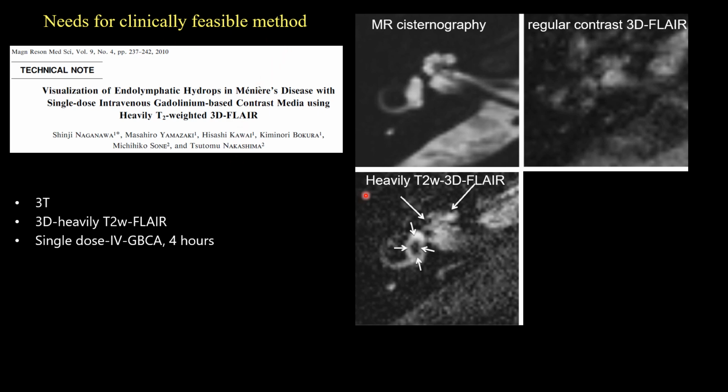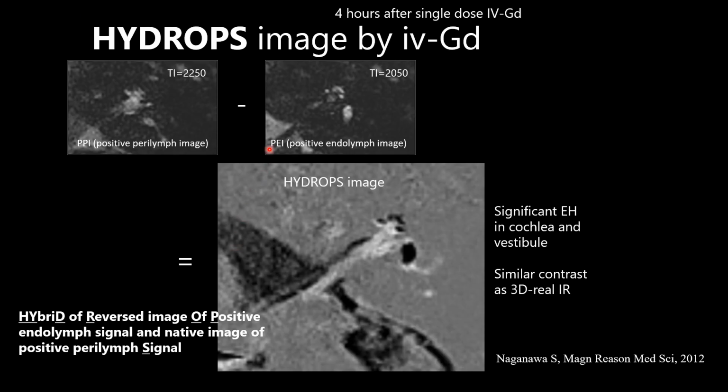So we changed the pulse sequence to the heavily T2-weighted 3D FLAIR, so we could succeed to visualize the endolymphatic hydrops in patient using the single-dose IV GBCA, and waiting time was 4 hours. And we modified the method, and now we can make this kind of very clear picture like 3D FLAIR, 3D real IR, using the single dose IV GBCA.